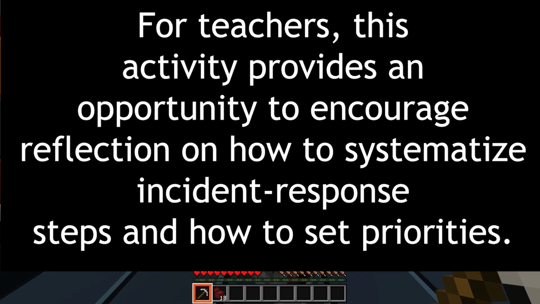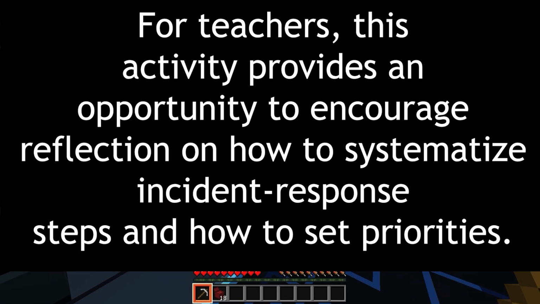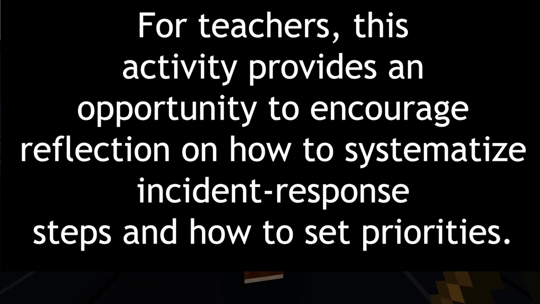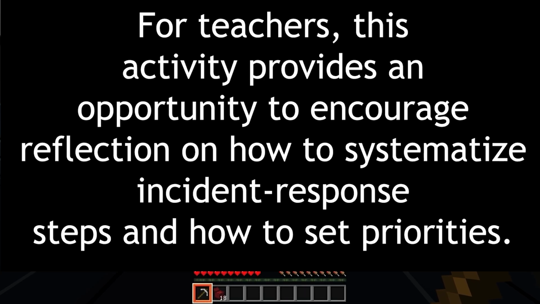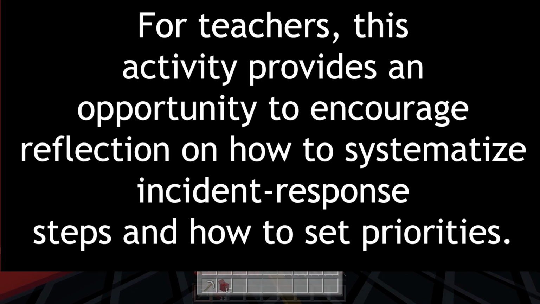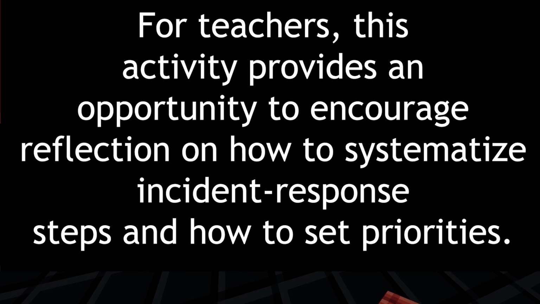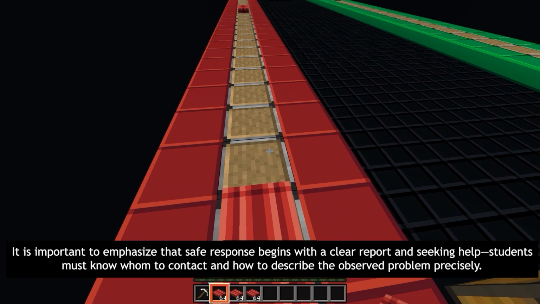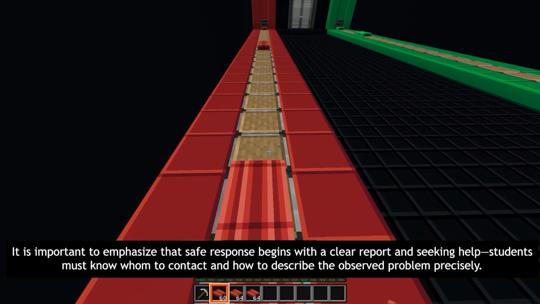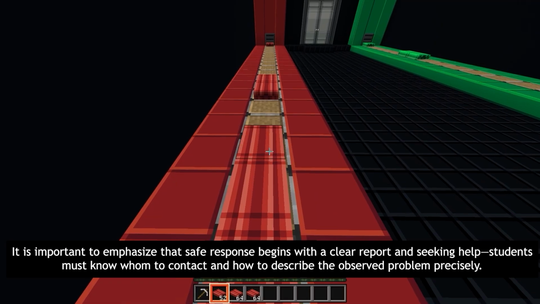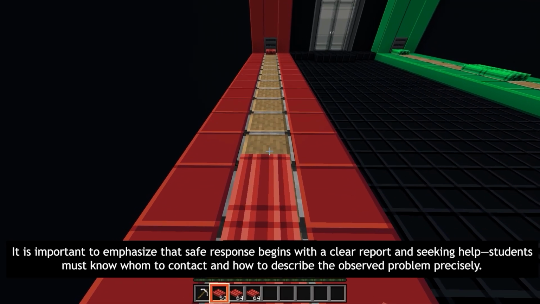For teachers, this activity provides an opportunity to show how to systematize crisis response steps and how to set priorities. It is important to emphasize that safe response begins with a clear report and seeking help. Students need to know whom to contact and how to describe the observed problem precisely.